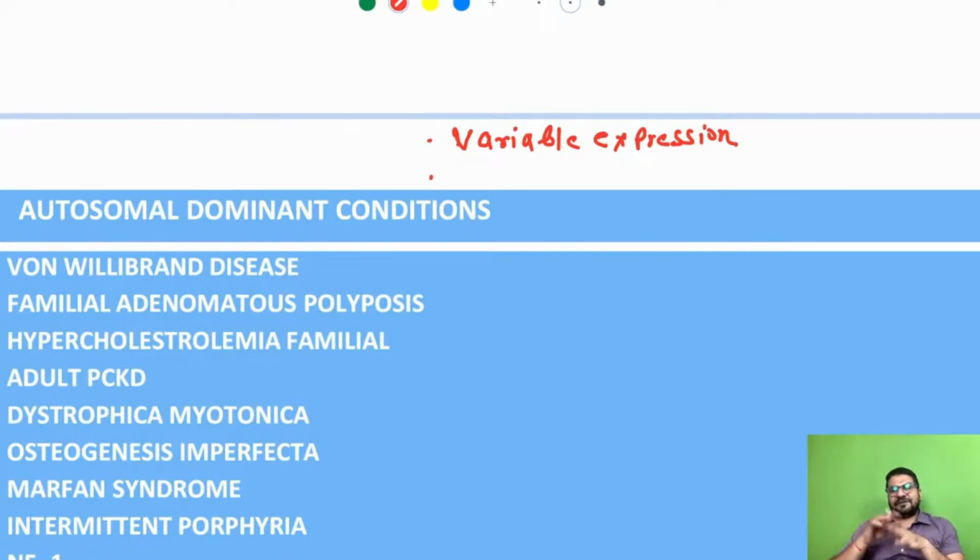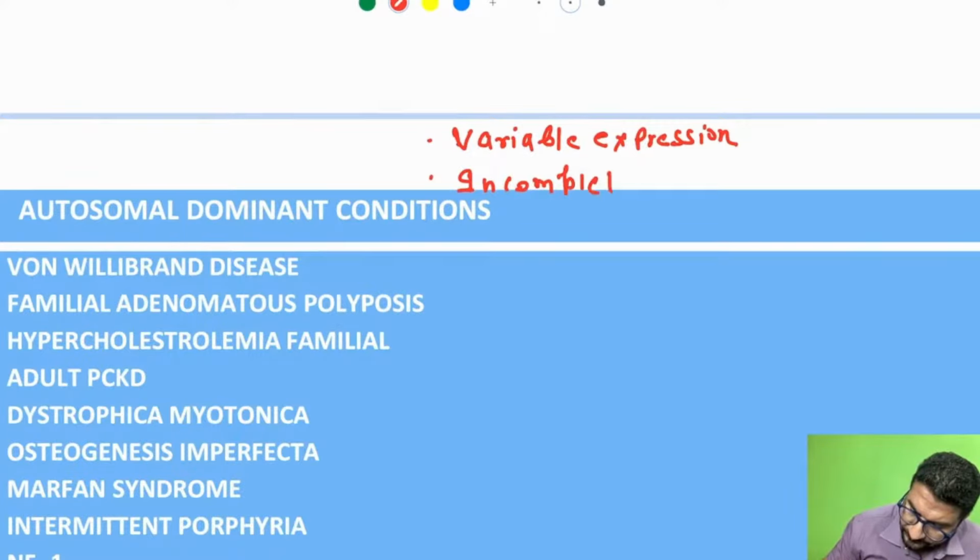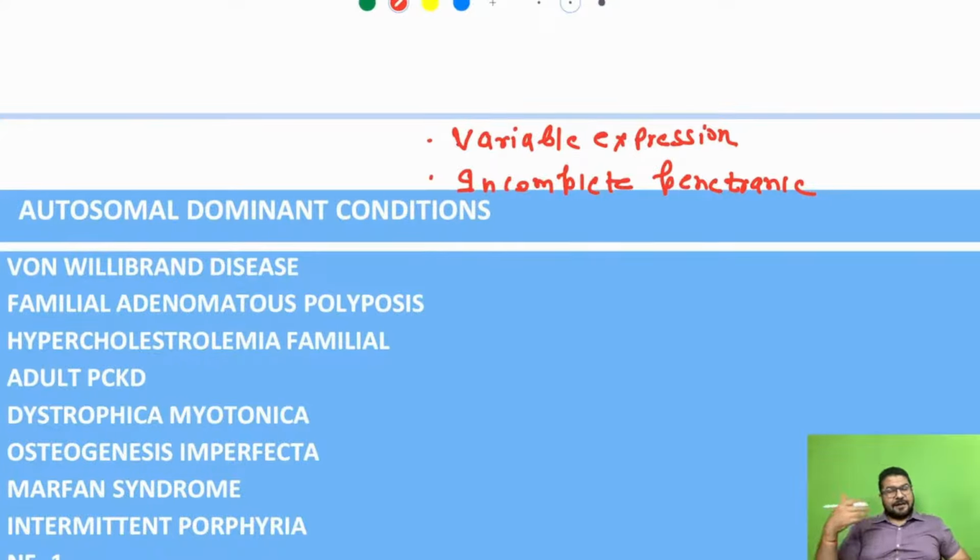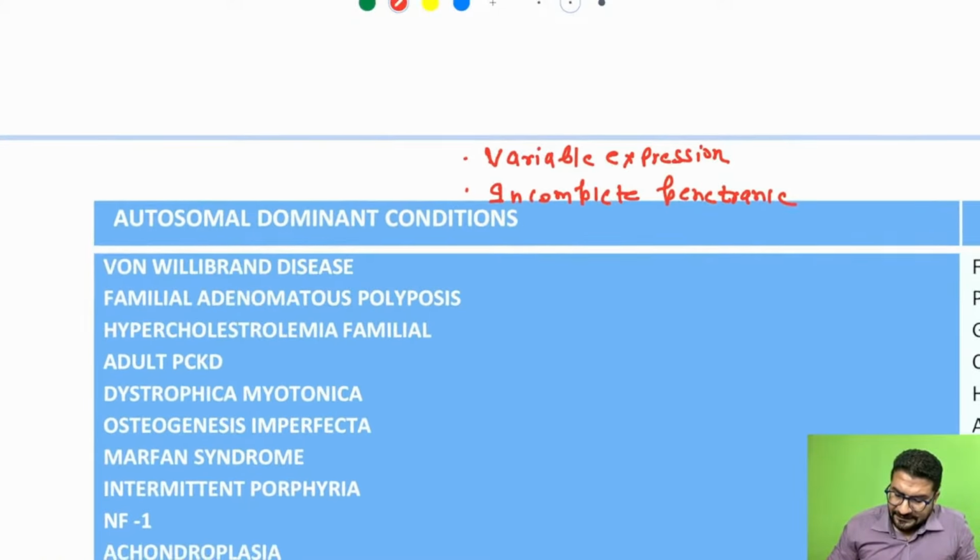Two people have same disease but with different symptoms. Second is incomplete penetrance. Incomplete penetrance means two people have same disease but one person is absolutely normal. दो लोगों को सेम बीमारी है लेकिन एक इंसान के अंदर बीमारी पेनिट्रेट ही नहीं करी, तो वो नॉर्मल, उसको कोई सिम्टम ही नहीं. Now understand.